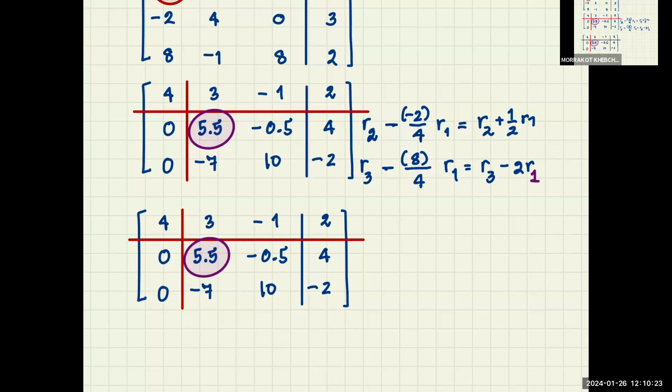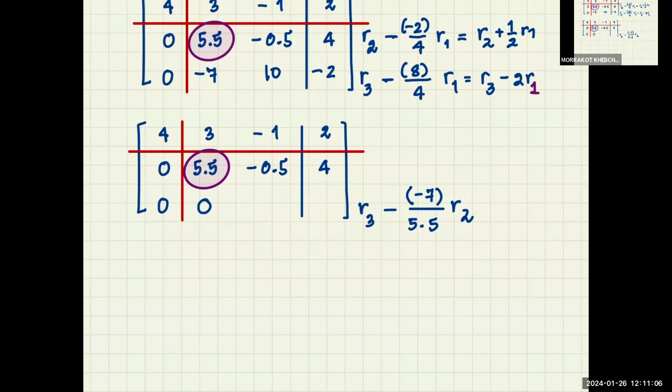Now, we want to make the element below the pivot element equal to 0. So what would it be? It's going to be R3 minus row number 2 divided by 5.5. What you want, you get -7, you multiply by -7. So this is what you're gonna get.